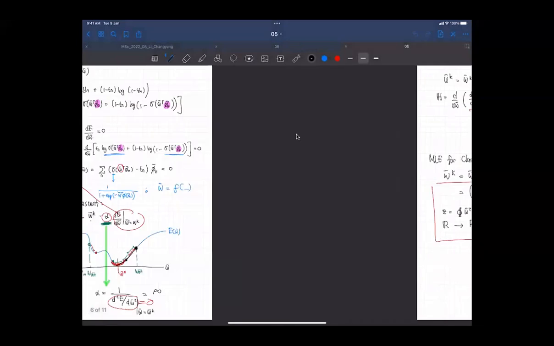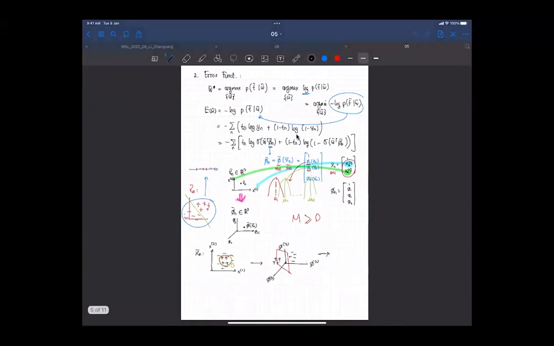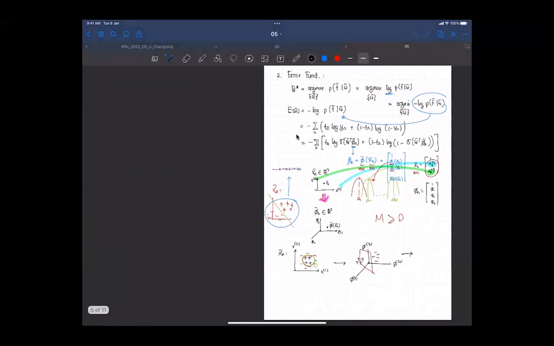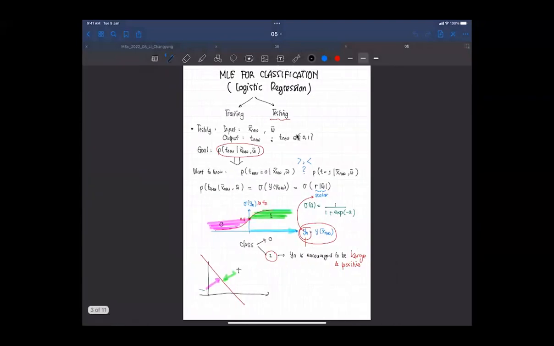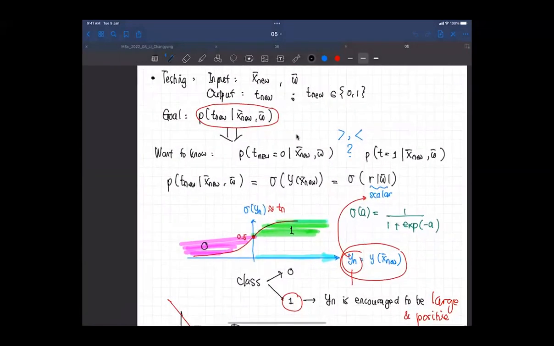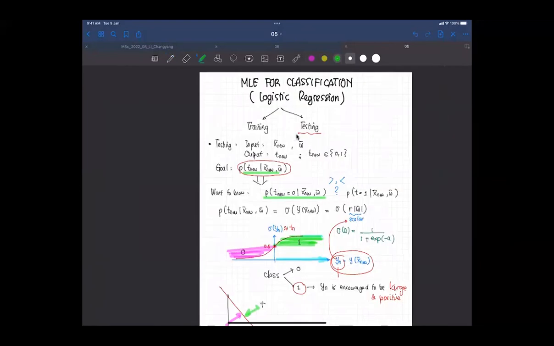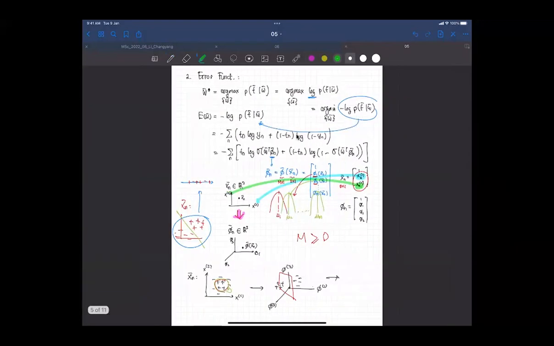So let's look at the MLE. This one is the MLE classification. In this MLE classification, we only use the likelihood. At that time, we learned about the error function.